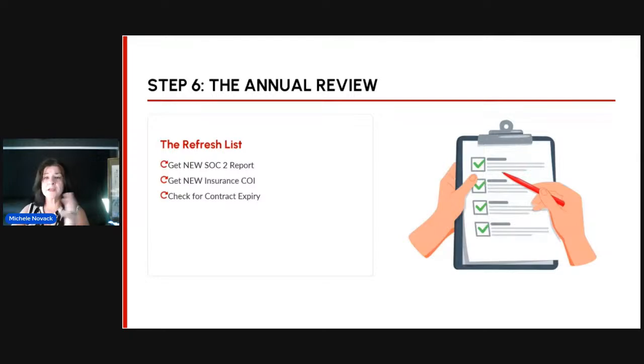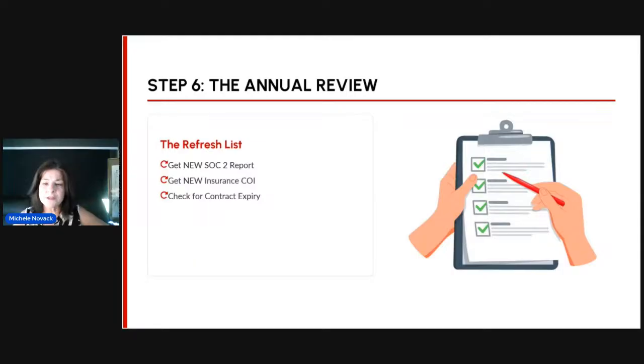So the first tool is the bridge letter, and this is what it's called. SOC 2 reports are typically issued once a year and cover a specific 6 to 12 month window, say January 1st to September 30th. Generally they are. If your review occurs in December, a gap exists.